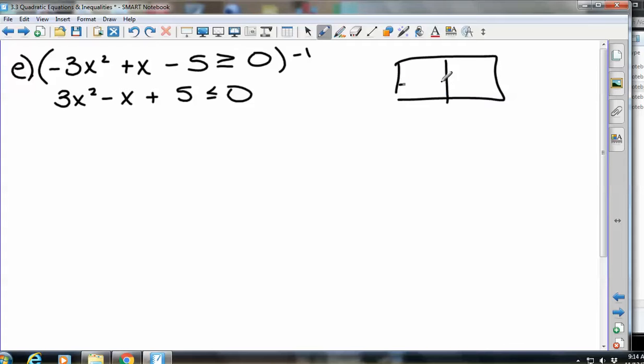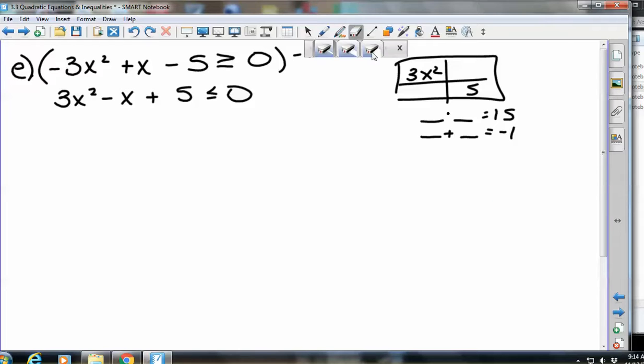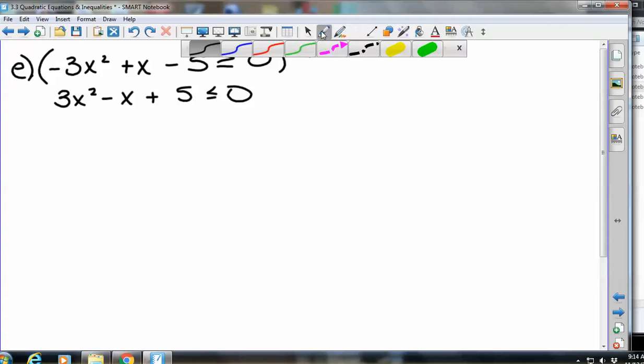Now if I go to do my box method here, I need two numbers that multiply to 15 and add to negative 1. Are there any numbers like that? No. So box method is not going to work. Then how else can we solve it?